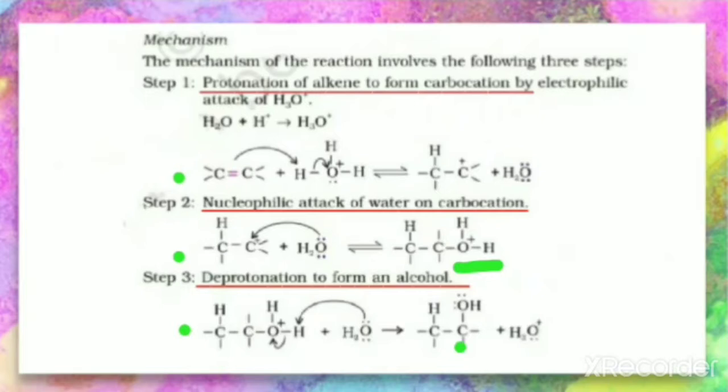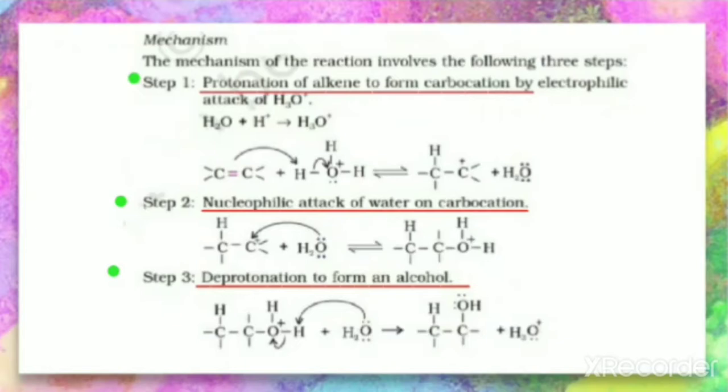So the formation of alcohol by acid catalyzed hydration takes place in 3 steps. Step 1, protonation of alkene to form carbocation. Step 2, nucleophilic attack of water on carbocation. Step 3, deprotonation to form alcohol.